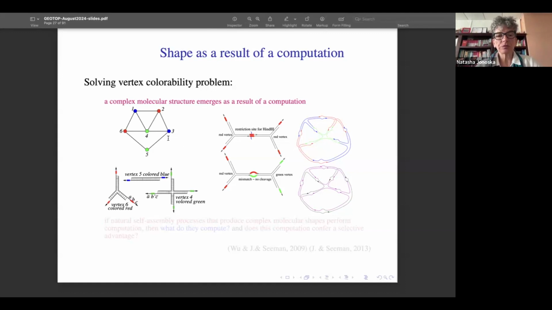Given a graph, we want to color the graph with a certain number of colors. In our case, we are focused on 3-coloring. So we want to use three colors, green, red, and blue, to color the vertices so that no two vertices that are adjacent, or incident to the same edge, will have the same color. So here is one coloring of the graph.